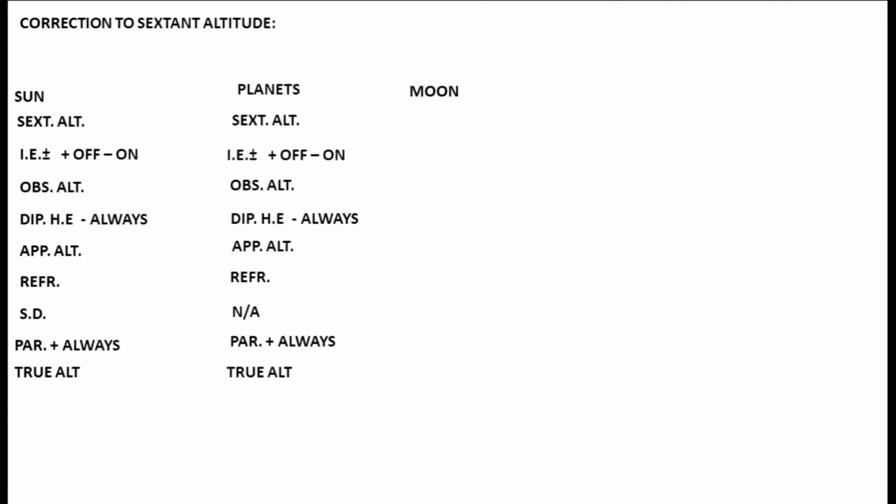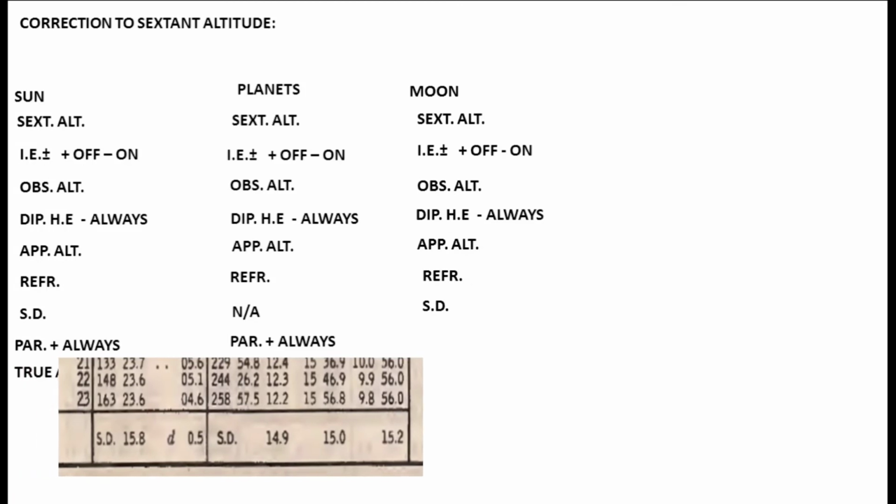For the moon, you get the sextant altitude, index error, observed altitude. So this is the same for everybody. Apparent altitude, refraction, semi-diameter. Semi-diameter, as I said, is given at the bottom of your nautical tables here. These are semi-diameters for the moon.